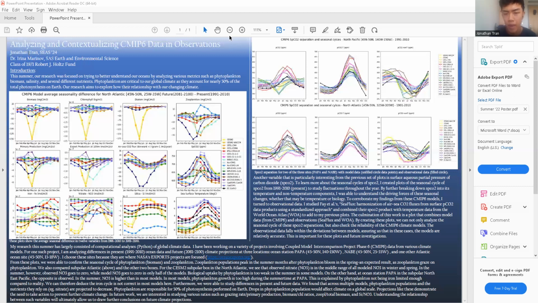One other thing that I did here was I managed to add observational data so that we can compare it to the model's data. And we see that it's the black line, which is with filled in black circles. And what we noticed is that the observational data falls within the deviations of the model data.